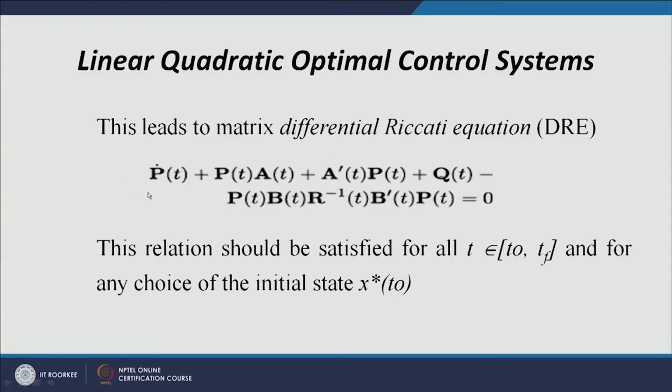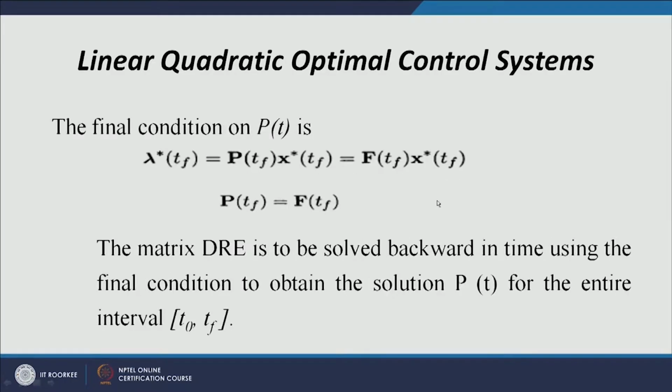So, this means I have to solve this equation to get the value of P, and as we can see this is a differential equation which can be solved using my terminal condition, which is lambda Tf as Ptf xtf equal to f of Tf x of Tf.